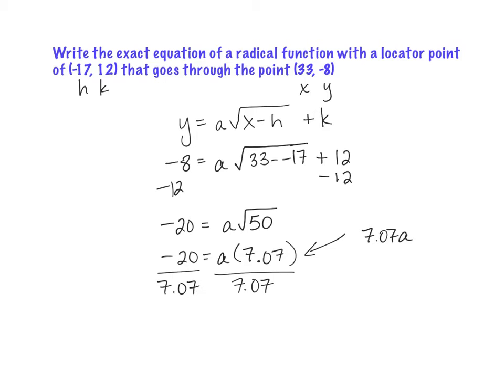So negative 20 divided by 7.07 gives me an A of negative 2.8, and I'm going to round that to 2.83.